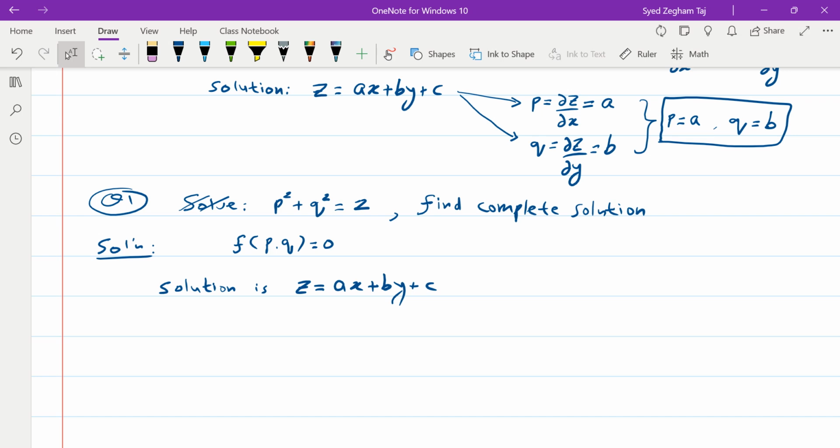Complete solution means a solution which contains arbitrary constants, equal in number to the independent variables. Like here, we are discussing the cases where the independent variables are x and y. So we have 2 independent variables. It means my complete solution should have only 2 arbitrary constants.